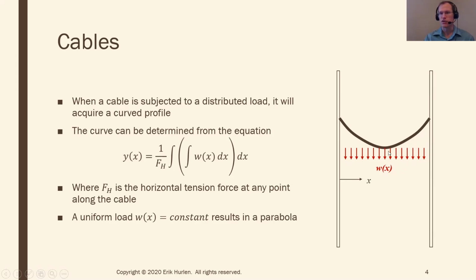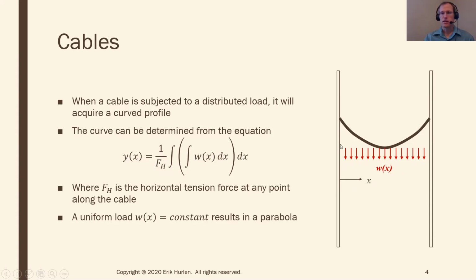They could be different size arrows acting all along my cable. Whatever that weighting function is, I can find the shape of my cable by integrating that weighting function across the length of the cable, basically twice, and then dividing by the horizontal component of the tension force that we just saw. That gives me the shape of the cable.